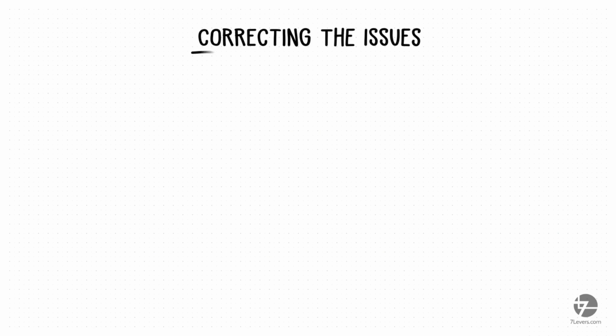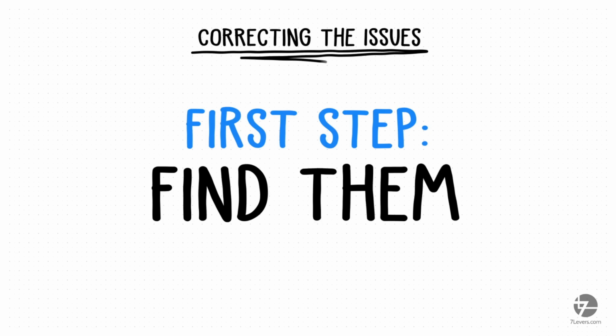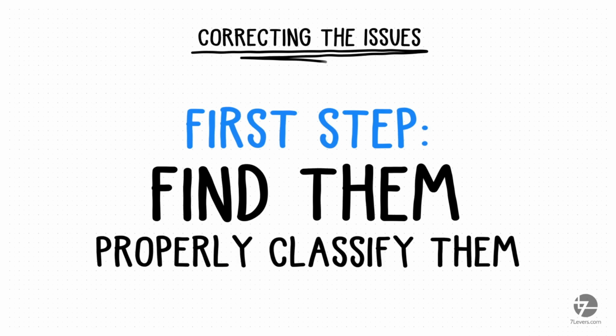As we covered in the introduction to this phase of profit foundations, the goal of this phase is to correct any issues that we found during the other earlier phases of the process. And the first thing we need to do in order to correct these issues is to find them, to identify them, and to properly classify them.